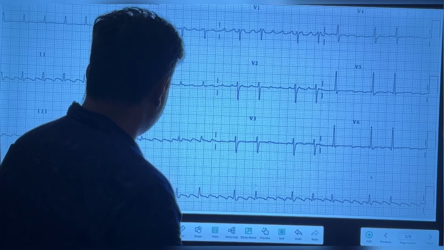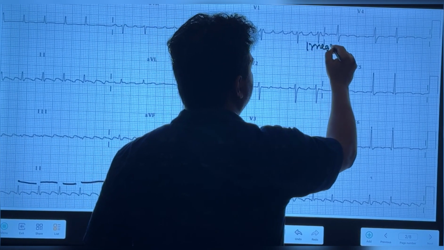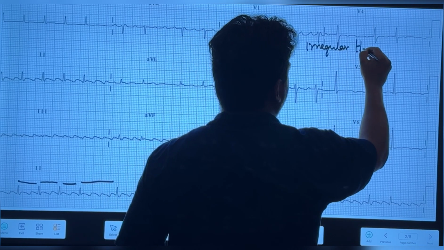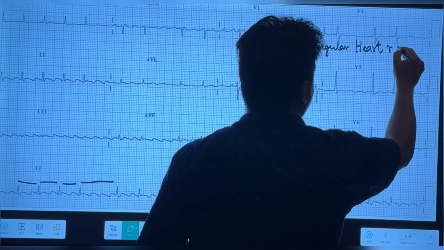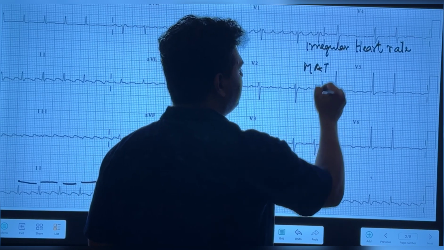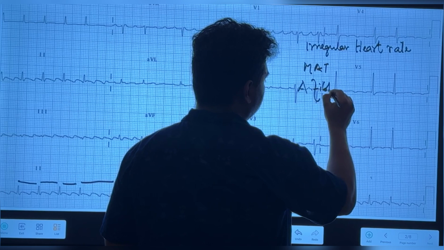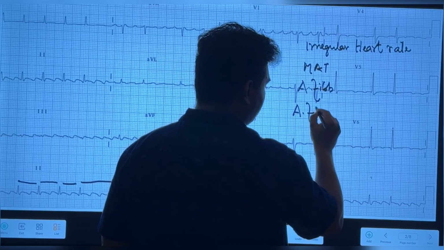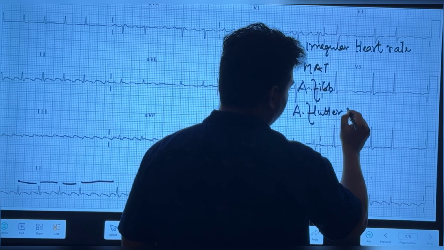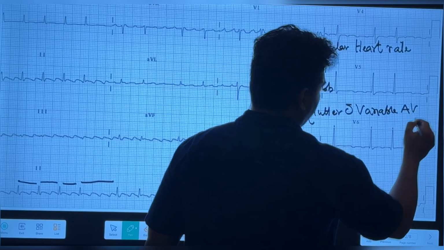Because whenever you have an irregular heart rate, it can be three things: multifocal atrial tachycardia, atrial fibrillation, or atrial flutter with variable AV block.